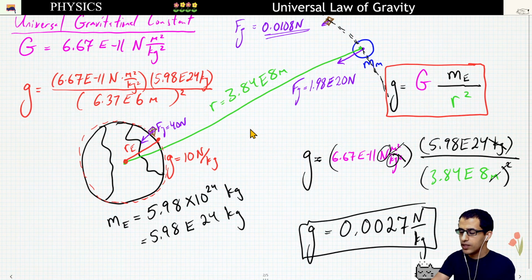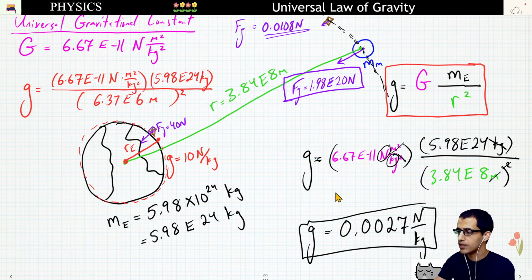Another way to calculate this value directly, let me go back to this force of gravity on the moon. Instead of solving for the field intensity here and then multiplying that by the mass of the moon, we could have just taken this whole thing and multiplied by the mass of the moon. So let me rewrite this here.